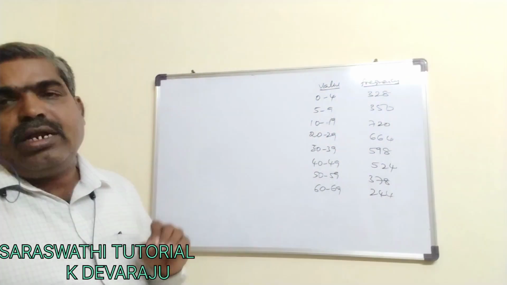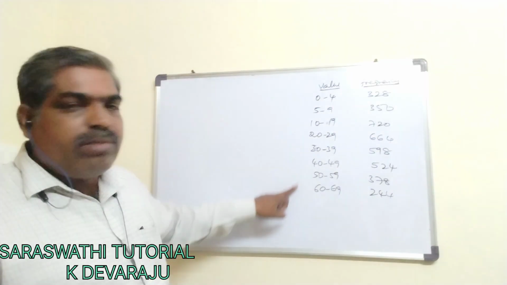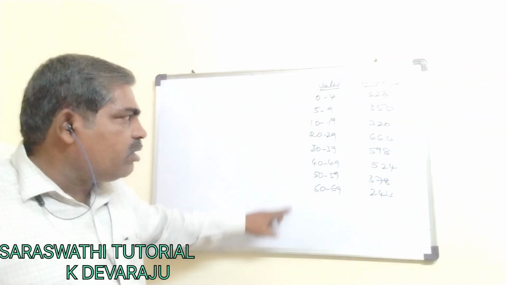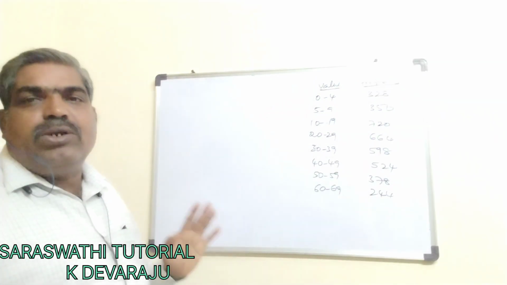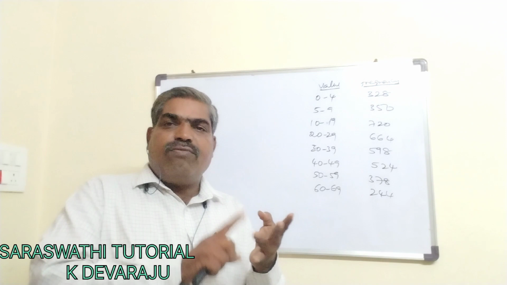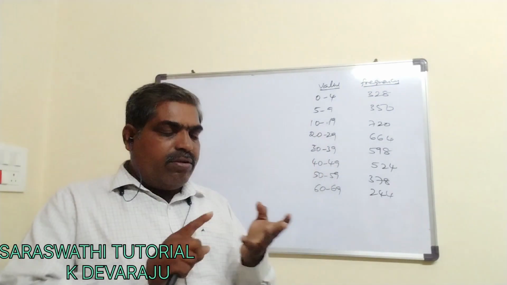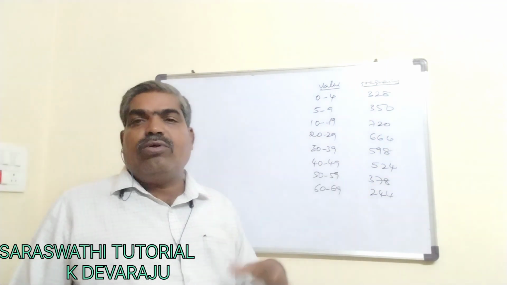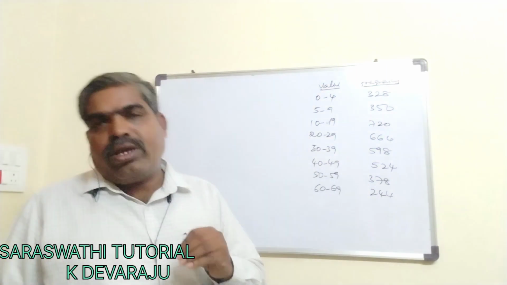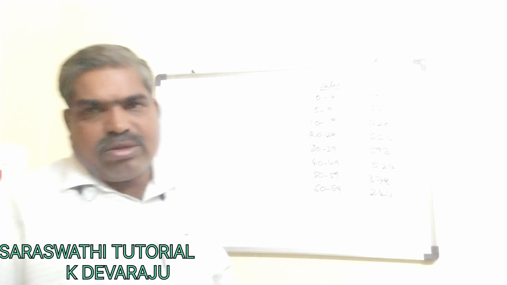Whenever we are calculating the arithmetic mean, class intervals must be equal. But here the first two class intervals have differences of 5 and 5. 0 to 4 is 0, 1, 2, 3, 4, and 5 to 9 is 5, 6, 7, 8, 9. By adding these two, the class interval becomes equal.